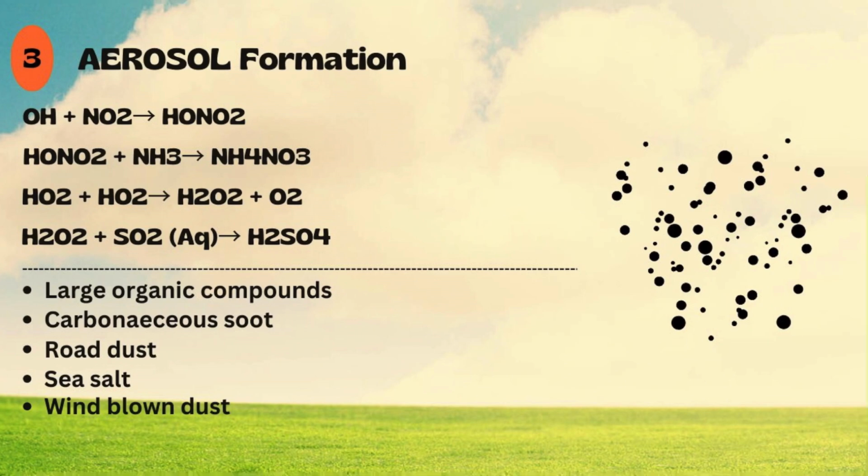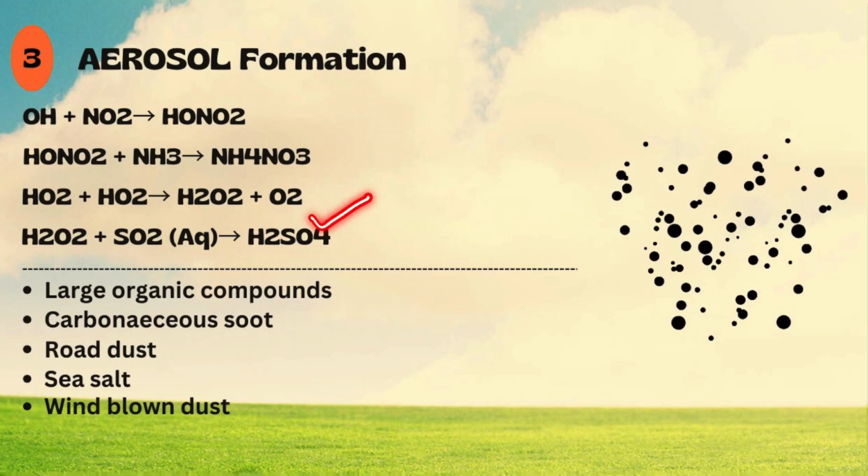The second reaction involving the chain termination step is the reaction of HO2 with itself. This produces the final product, which is called H2O2, or hydrogen peroxide. The hydrogen peroxide then reacts with sulfur dioxide, which is again emitted from the combustion of fossil fuels, to form a stronger acid, which is called H2SO4, or sulfuric acid.